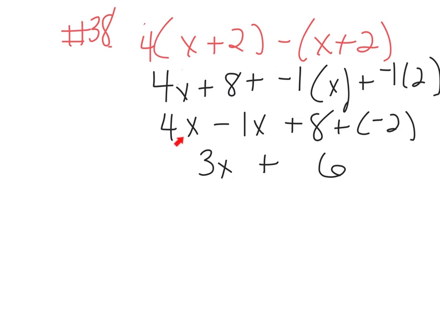We combine like terms, which would be the 4x and the negative 1x, and the plus 8 plus the negative 2. I included the extra plus signs here as we worked it through just so you can see, and we end up with 3x plus 6.